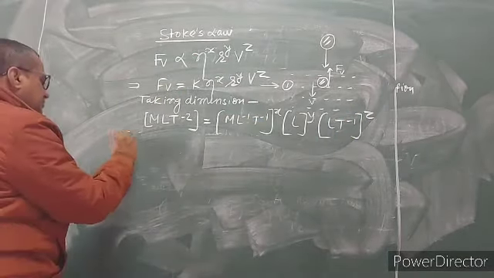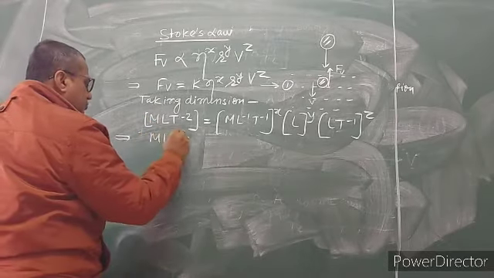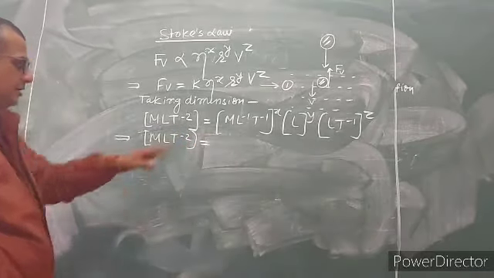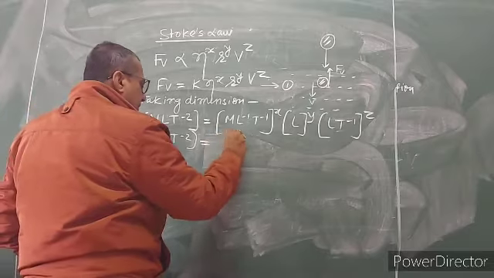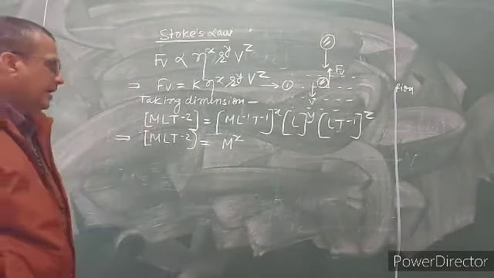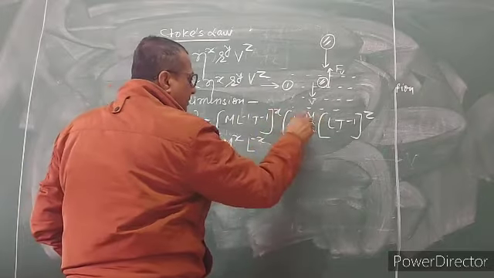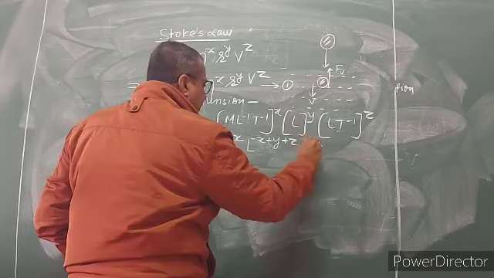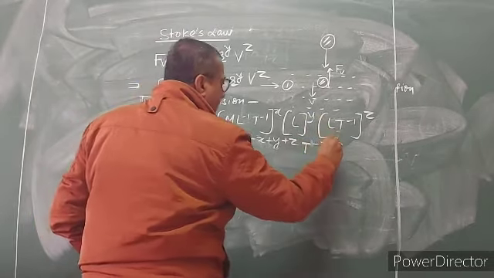This can be written as M L T minus 2 equals M to the power x, L to the power minus x plus y plus z, and T to the power minus x minus z.